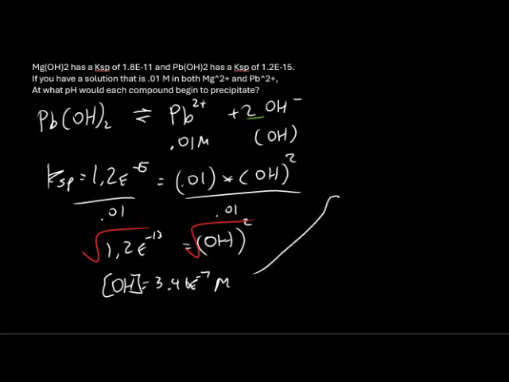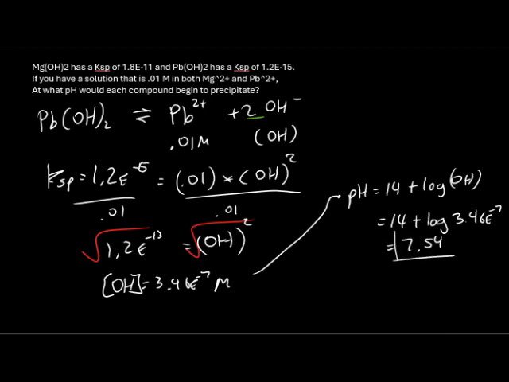Once again, we can go to our pH equation and say pH equals 14 plus log of my OH- concentration. We'll have 14 plus log of 3.46 times 10 to the negative 7th. If we place this in a calculator, we'll end up with 7.54 for my pH.